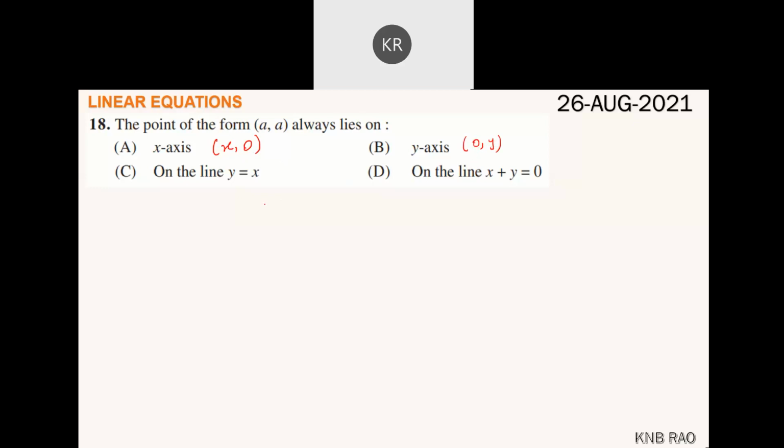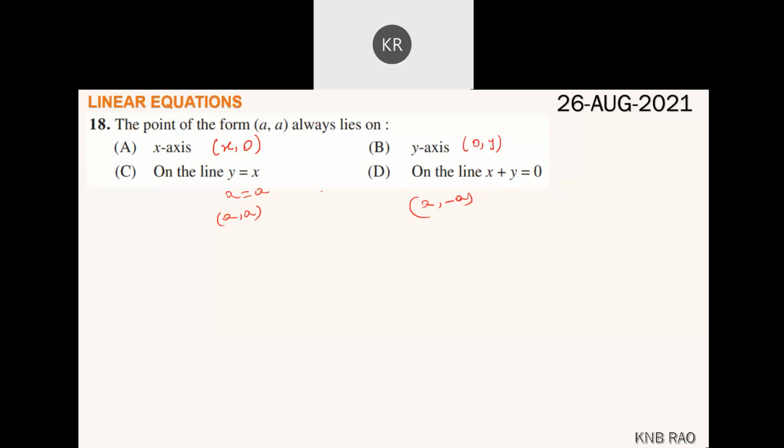If any point lies on y equals x, it must be of the form (a, a). This (a, a) lies on y equals x. Here (a, minus a) lies on x plus y equals 0. Then only the sum of the x coordinate and y coordinate gives you 0.